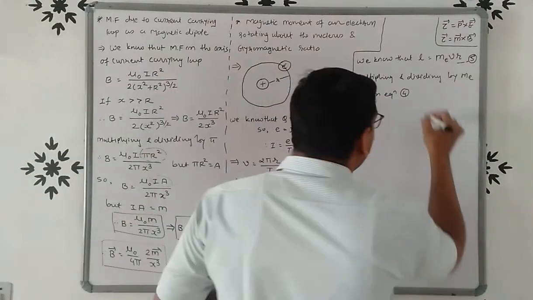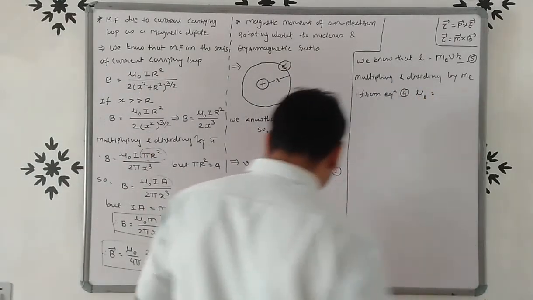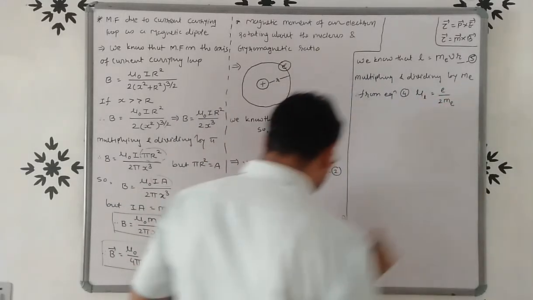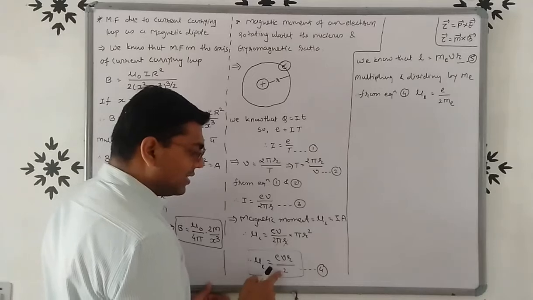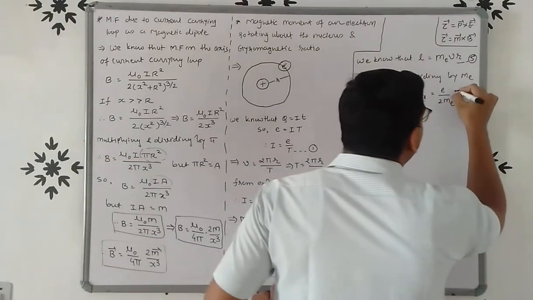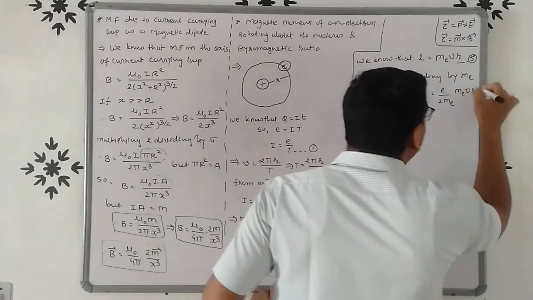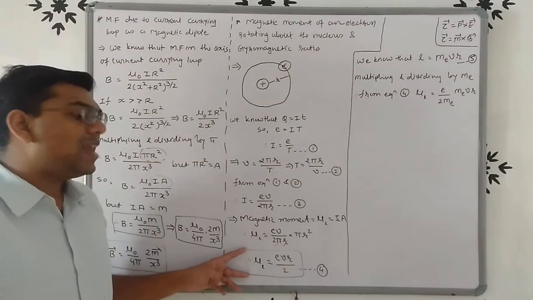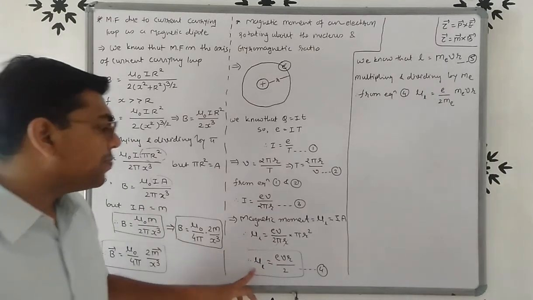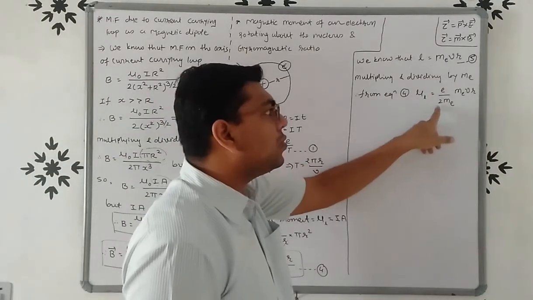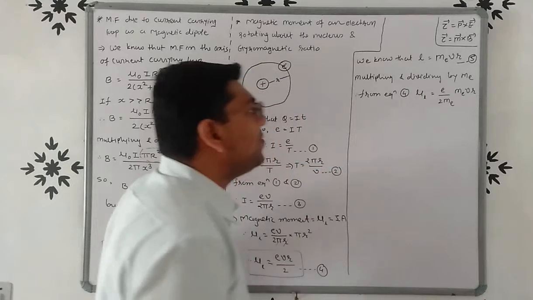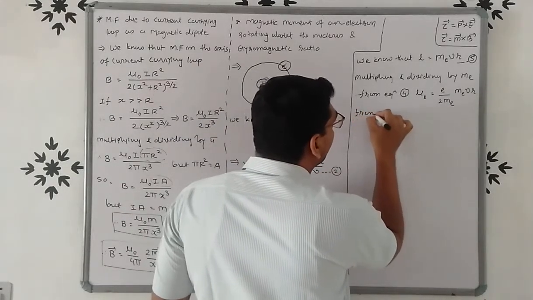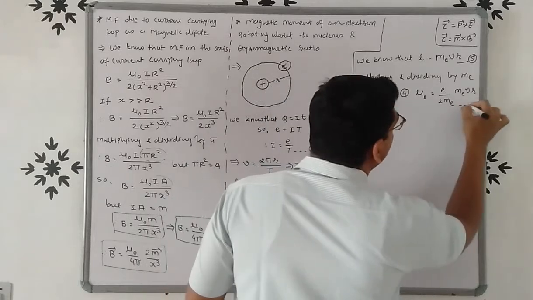So we get mu L, the moment, is equal to e by 2 m e as it is, into m e v r, right? See here friends, evr by 2. So we multiply and divide by m e. So we get moment is equal to e by 2 m e into m e v r. This is 6.